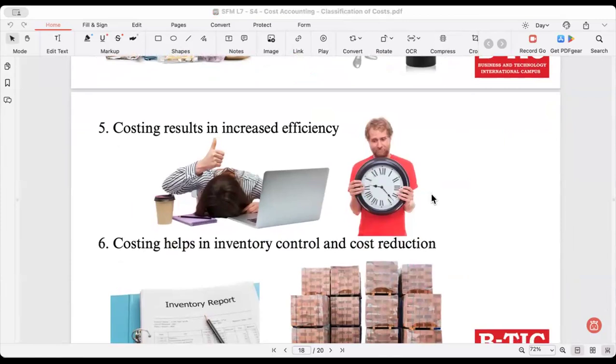When you're analyzing the costs of the materials and the cost of the operation, you will be able to find out that there is certain wastage happening. Through the analysis of costing methods, you will find out the areas where the company is incurring losses, and you can fix it.